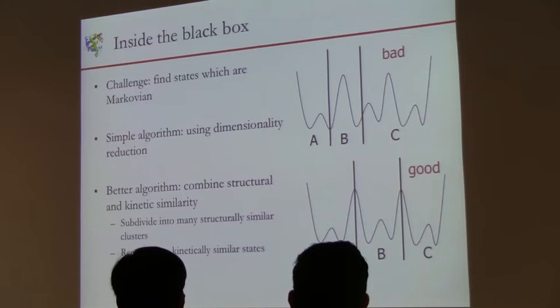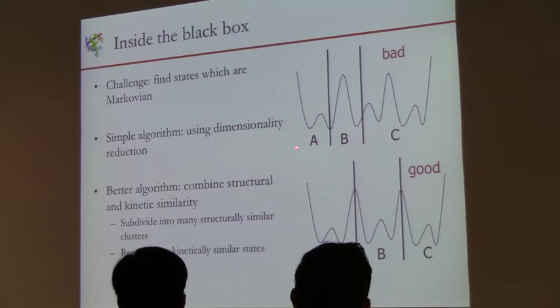So consider, for example, this energy landscape. If we define three states A, B, and C this way, then Markov state models will be very bad, because suppose that we start in state B, and if we're here, then most probably the next transition, the next jump, will occur to state C. If we're here, then the transition will occur to state A. But if the previous state was C, then most probably we're here.